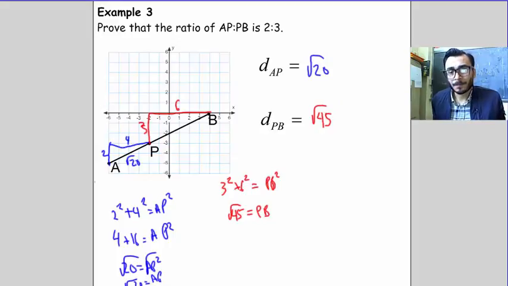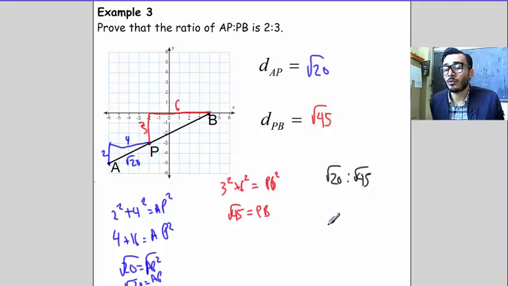So now take a look. Let's take a look at the ratio of the distance of AP to PB. So it's rad 20 to rad 45. Is that a 2 to 3 ratio? Well, I don't know. I could go ahead and divide this and see what I get. Hopefully it's the same as 2 divided by 3. 2 divided by 3 is about 0.66667.